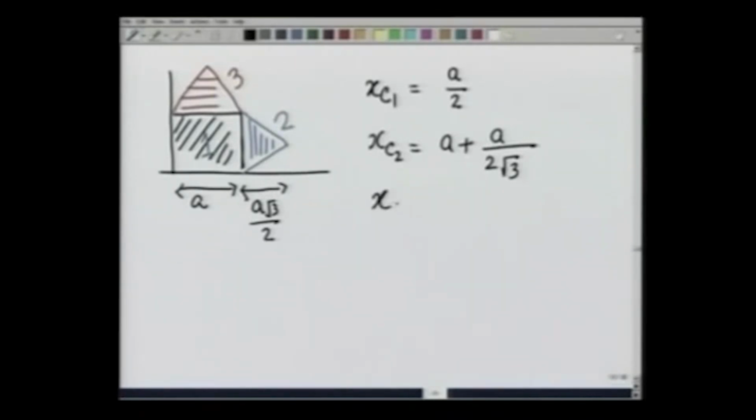And x_c3, that is the x coordinate of the centroid of the third triangle, is going to be right on the dividing axis, and which is going to be a by 2 again.